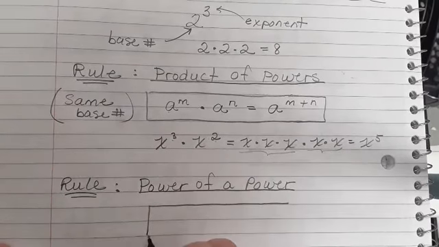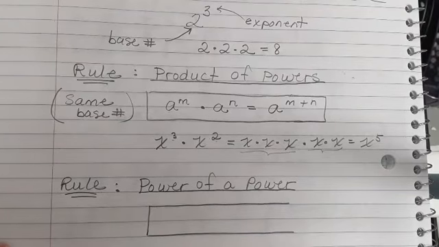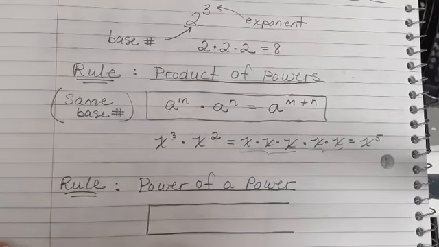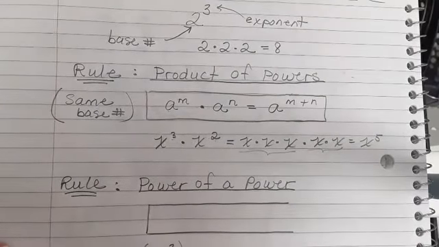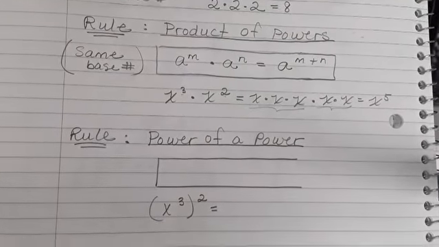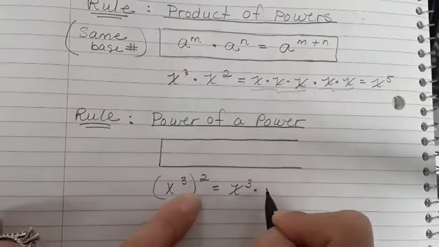We're going to fill that in with the rule. And let's see what that's going to look like. So if you have something like x to the third power, and then you're squaring that, that means you have x to the third power being multiplied by itself.